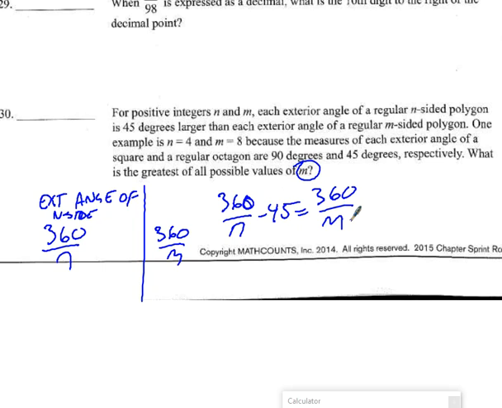All right, here we go. The first thing we want to do is get rid of the denominators. So I'm going to multiply everything by mn. So we get 360m, the n's will cancel out here, minus 45mn, because there's no denominator to cancel anything out. And that's going to be equal to 360n. My m's will cancel out here.